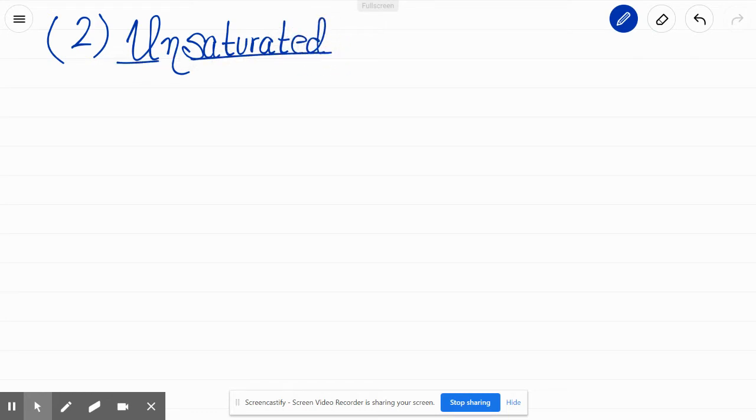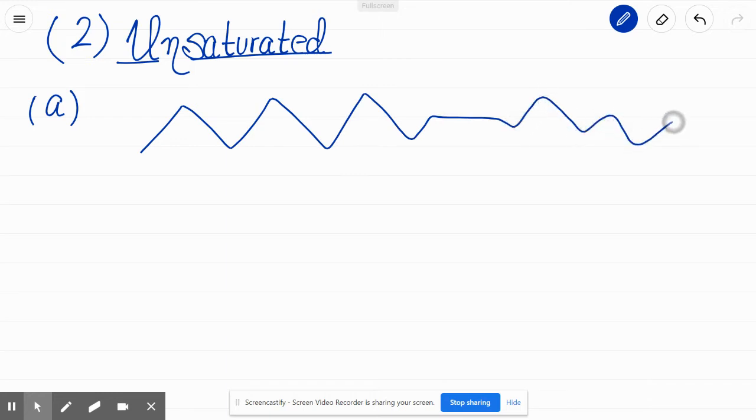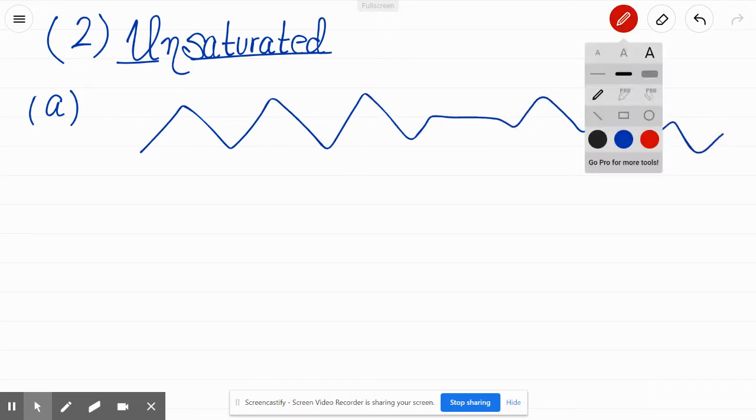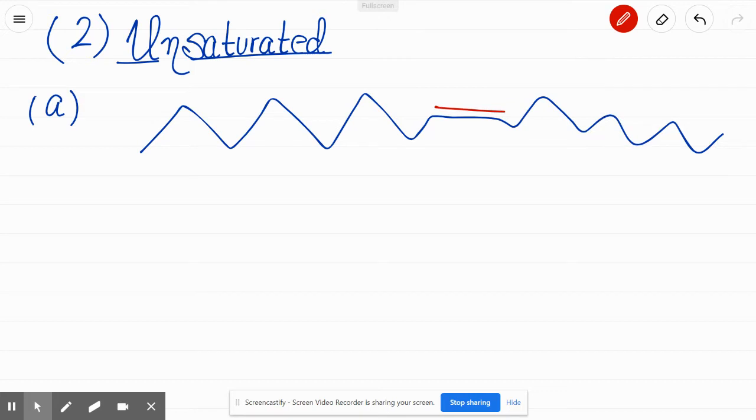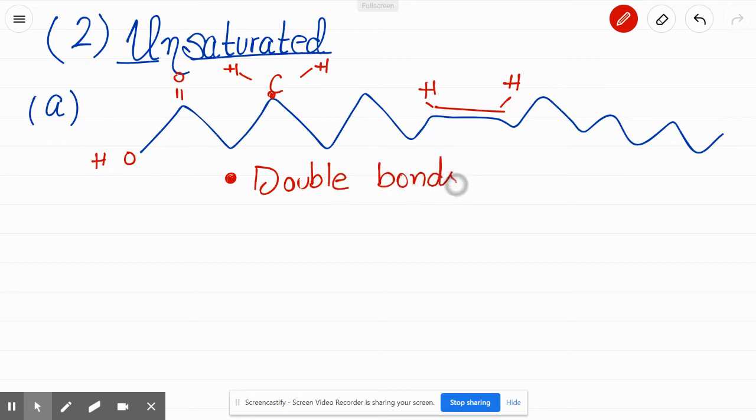And we will start with the structural formula. The main difference here is there will be a double bond. Pretty much the same thing everywhere else. The only difference is double bonds, and hence there will be changes in the features as well. So the first important one, double bonds, which we did not see in the saturated fats.